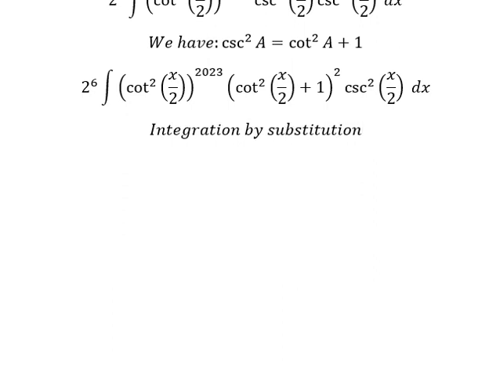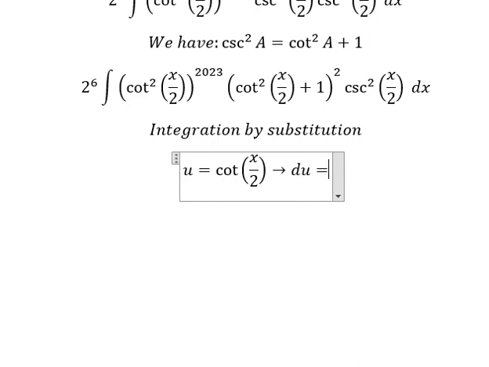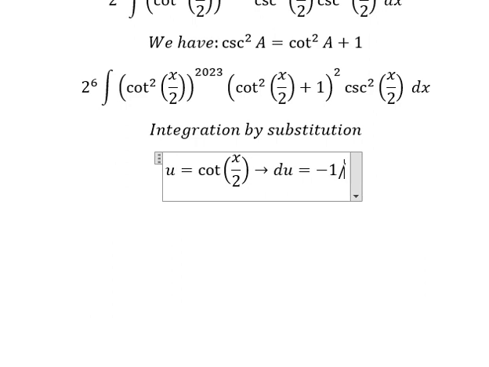So I will put u equal to cotangent of x over 2. After that, we need to do the first derivative for both sides, and we have it like this.